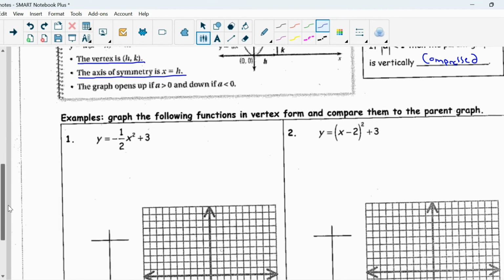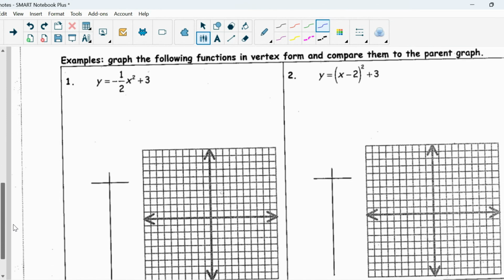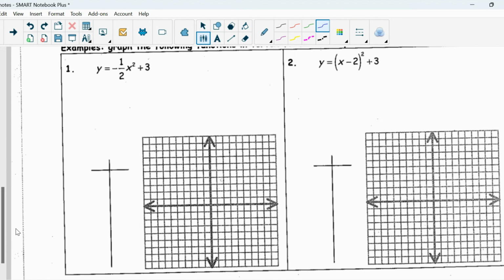Vertex form, especially in example number 1 here, looks very similar to our standard form minus having our x value. So we actually need to write this one in vertex form, so it's more similar to what we have over here. So we have y equals, our A value stays the same, negative 1/2. When you have x squared like this, that's the same as saying x minus 0 squared, right?